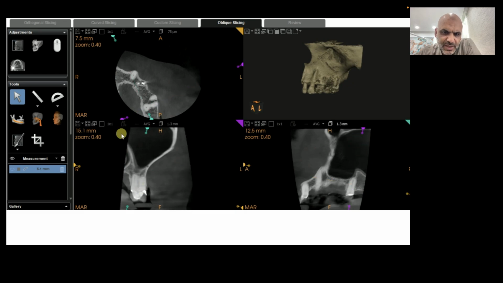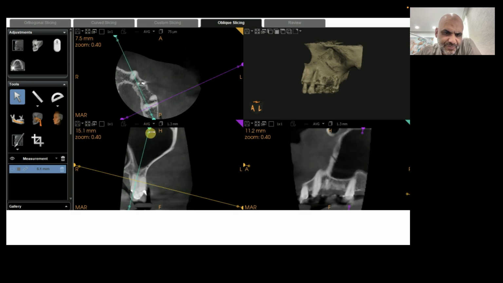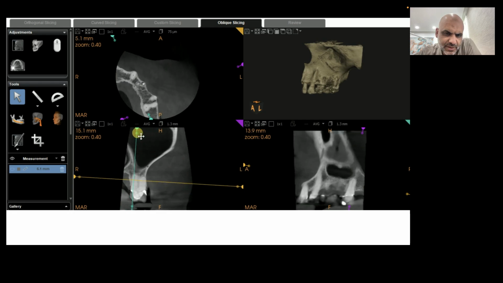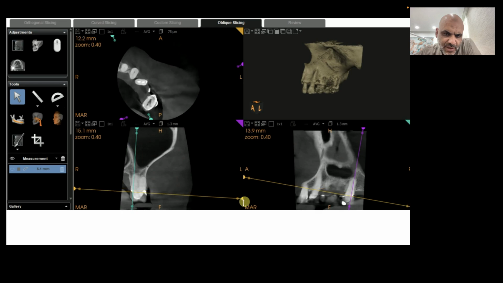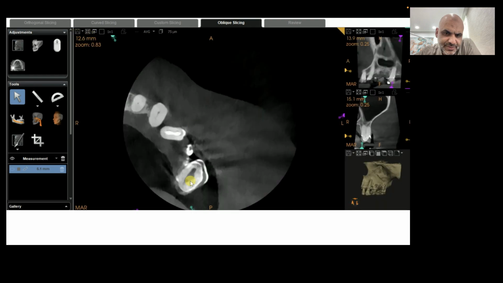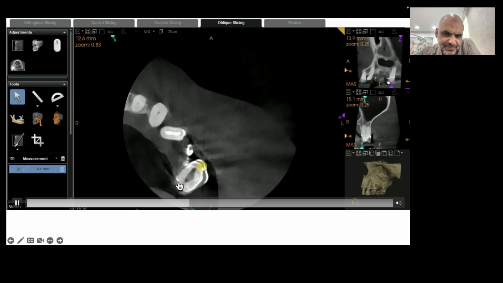You see that we have to drill with a slight curvature, so we can reach the canal. And here is where the canal starts, the palatal.